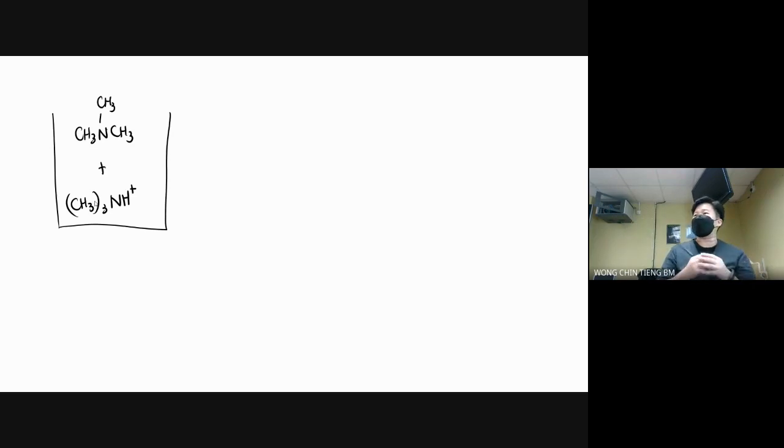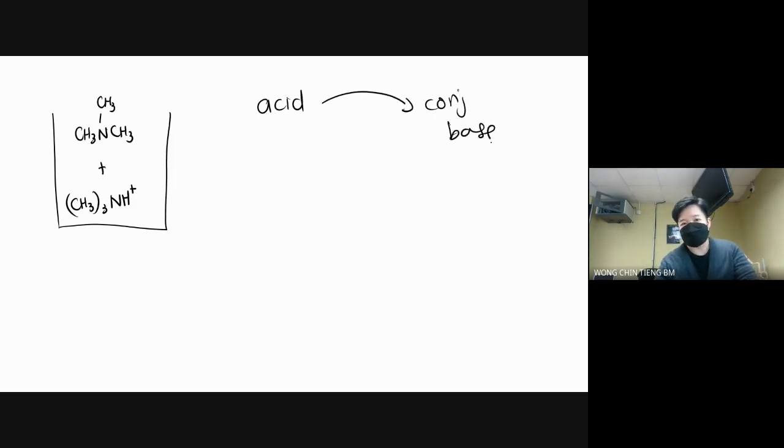So the most important thing right now, kamu kena kenal dia adakah pasangan conjugate acid base. Dan kawan kamu tanya tadi, kalau dia adalah acid, hasil produk dia adalah conjugate base. Betul? Kalau dia adalah base, hasil dia akan jadi conjugate acid. Dan isu paling besar saya tak tahu dia sepasang ke tak.